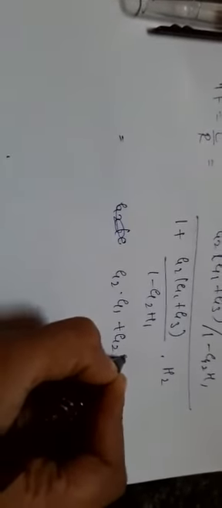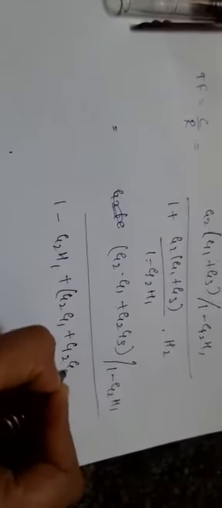Simplify this one. G2 into G1 plus G2 into G3, divided by 1 minus G2 H1, divided by, taking the LCM, 1 minus G2 H1 plus G2 G1 plus G2 G3 into H2, whole divided by 1 minus G2 H1.